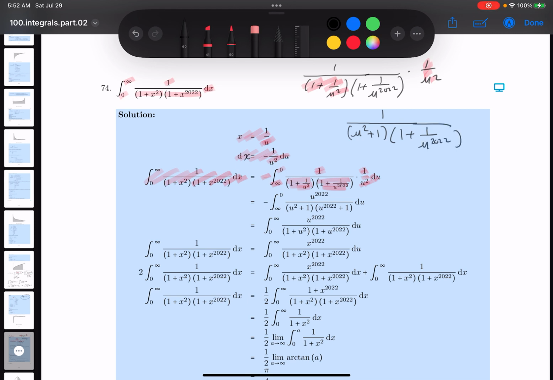And what I'm going to do is multiply the top and the bottom by u to the 2022. Well, on top you get u to the 2022. On bottom, I still get the first factor of u squared plus 1. What's the second factor going to be? Let's see, u to the 2022 plus 1.